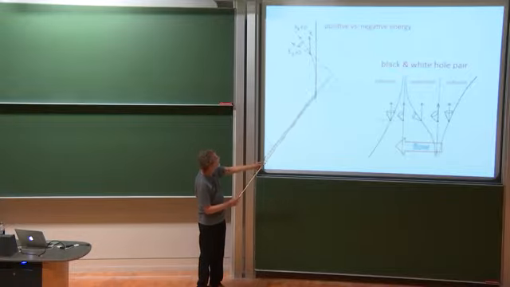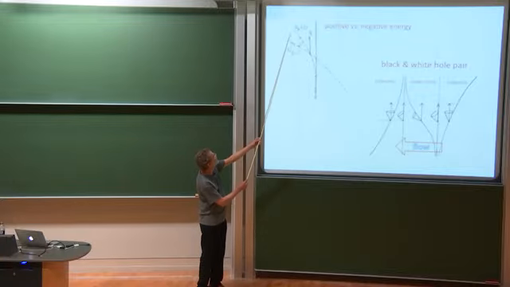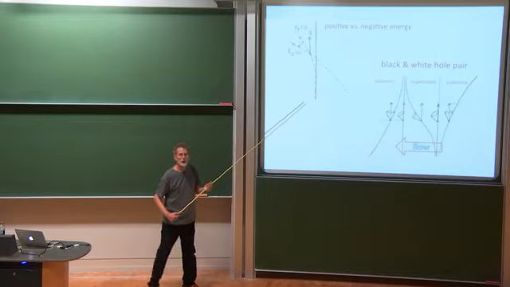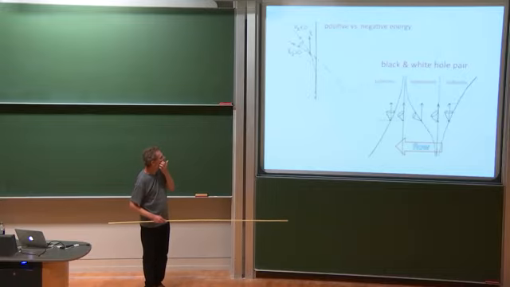That just means that this ingoing one is a positive energy excitation, and this outgoing one has negative energy. And so the one I was actually describing on the previous slide is a negative energy excitation.